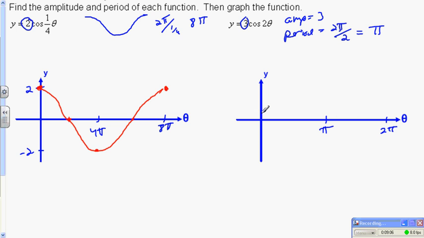The amplitude is 3, so it's going to go higher than before. And again, it's going to start high, and after pi, it's going to be right back where it was. Halfway through, at pi over 2, it'll be at its minimum. And here is the new cosine graph with a shorter period and a bigger amplitude. This finishes lesson 14.1.